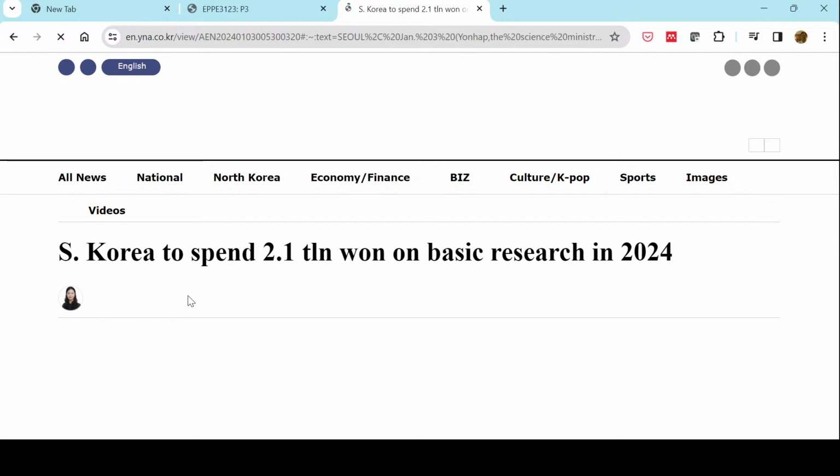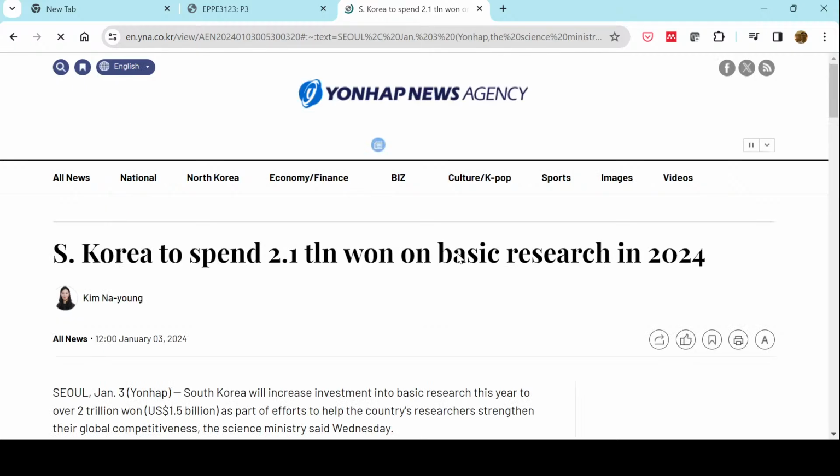For example, here from yesterday, the government is to spend 2.1 trillion won on basic research. I want to emphasize the word basic. So the government will increase investment into basic research this year to help the country strengthen competitiveness in technology.